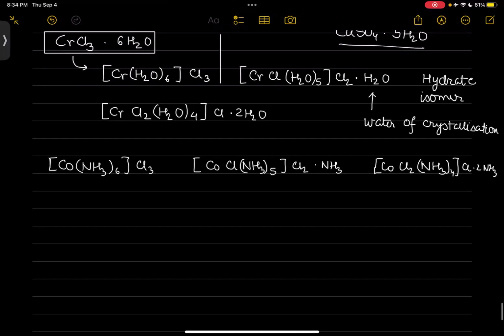So these are solvate isomers. Here hydrate I cannot use because it is not the water molecule which is being exchanged. Right? Clear?